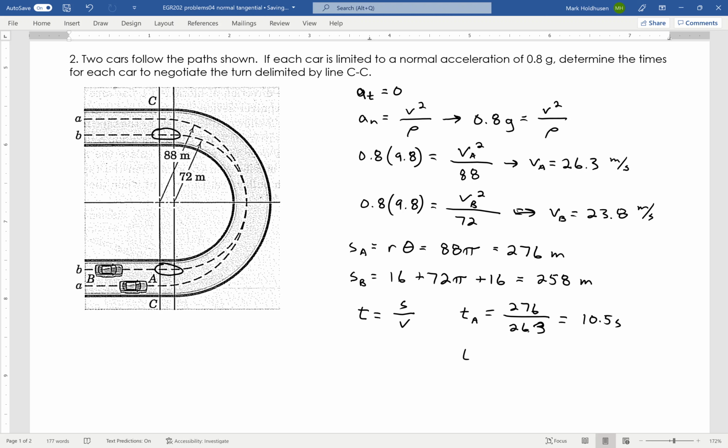And T_B is going to be 258 divided by 23.8, and that's going to be 10.9 seconds. So even though A travels a further distance, the fact that it can take the corner at a higher speed because it has a bigger radius of curvature means that it can get around that corner quicker than B, about 0.4 seconds quicker.